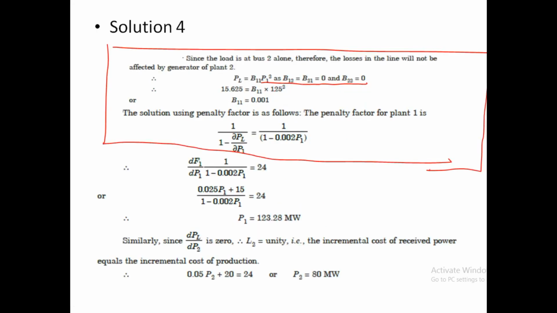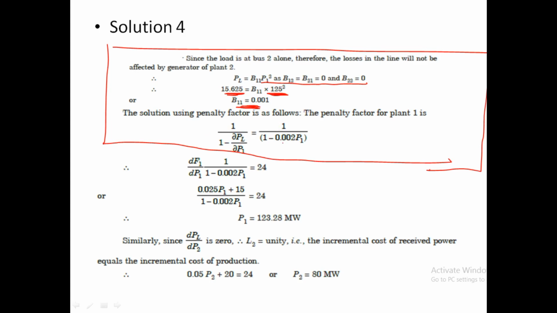So if P1 equal to 125, PL equal to 15.625, then you will be getting B11 equal to 0.001.